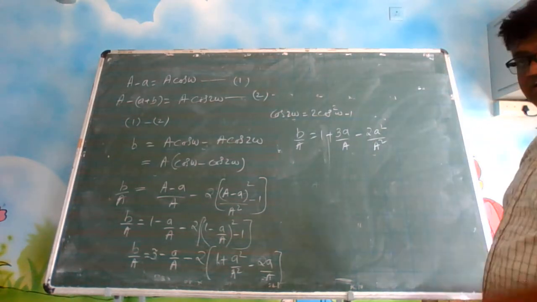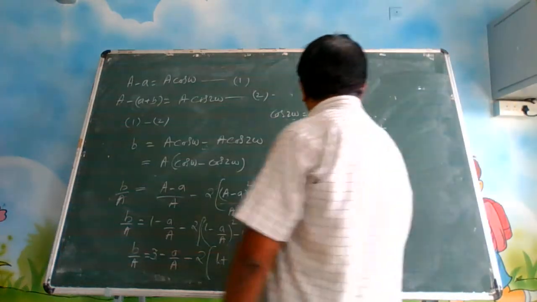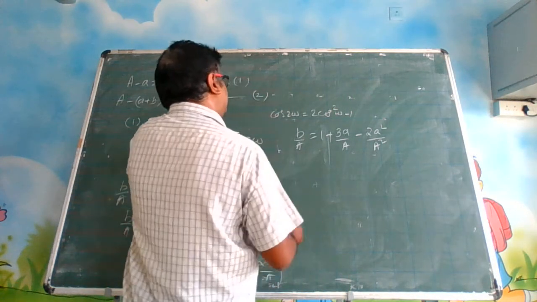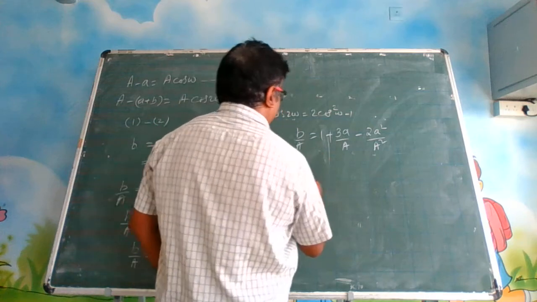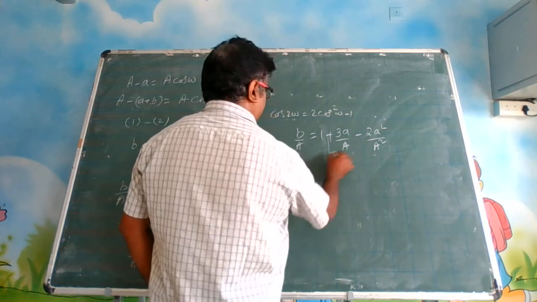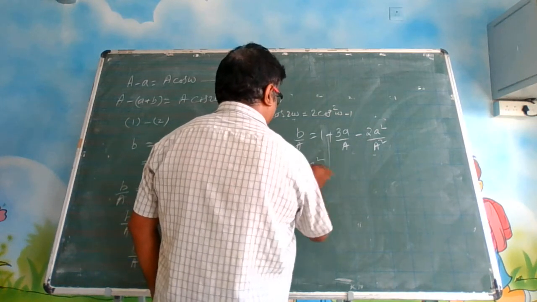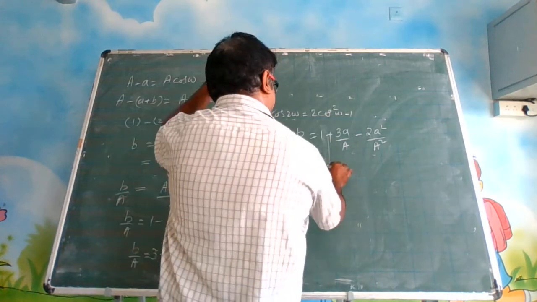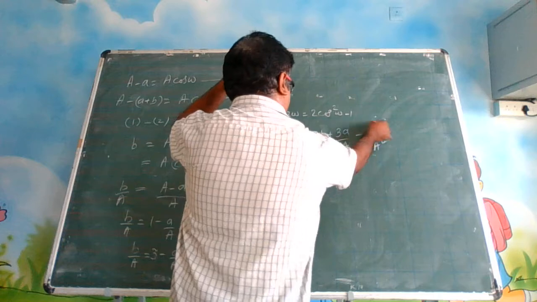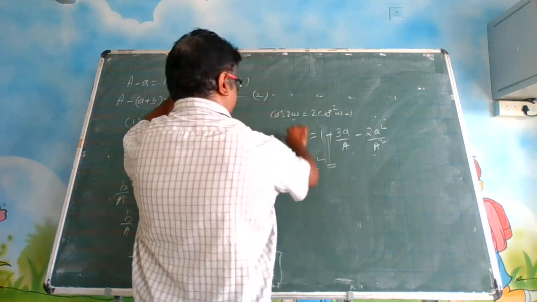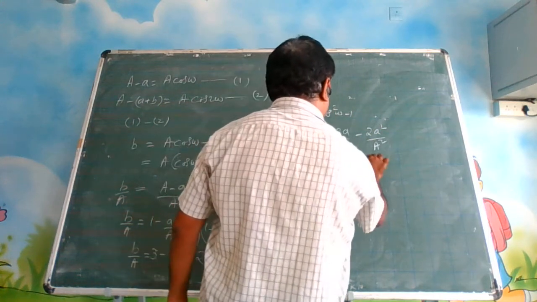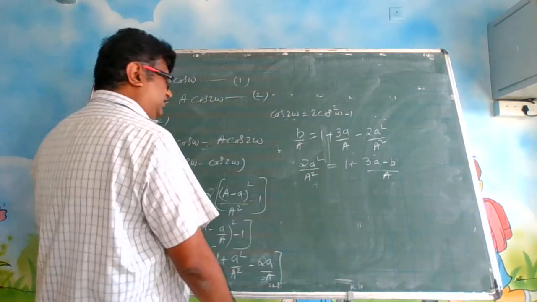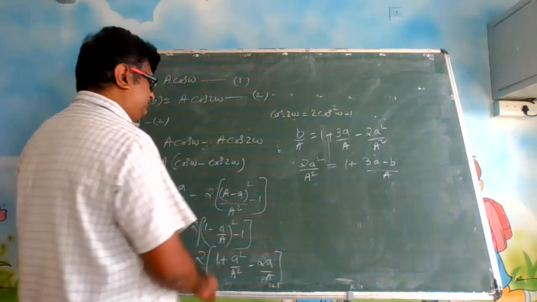So we have essentially come down to the same equation basically. So again our life is difficult here. So what we can do is we can write this as 2a square by A square equals, taking this to the left side and this to the right side, it is becoming 3a minus B by A. So you are going to get a quadratic equation.